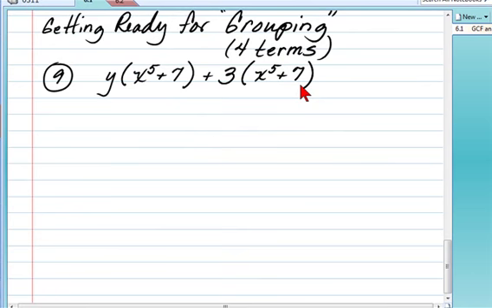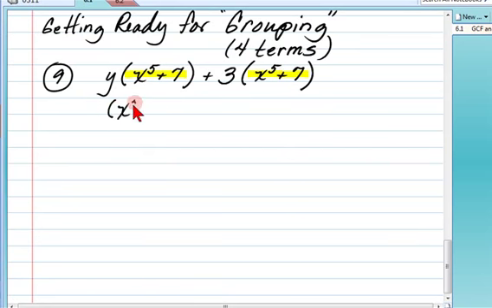Does everybody see this as y times something plus 3 times the same something? Those somethings are little groups of things. I can factor that group out just like I could if it were a number or a letter.